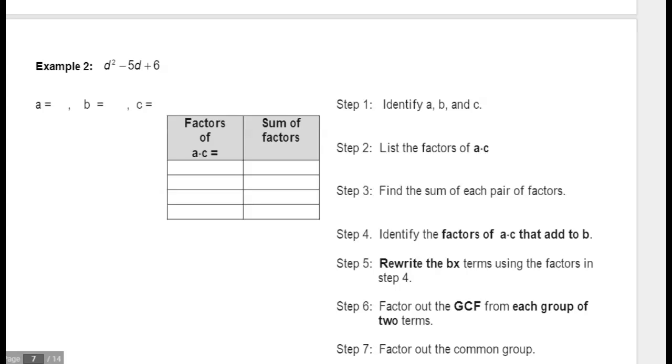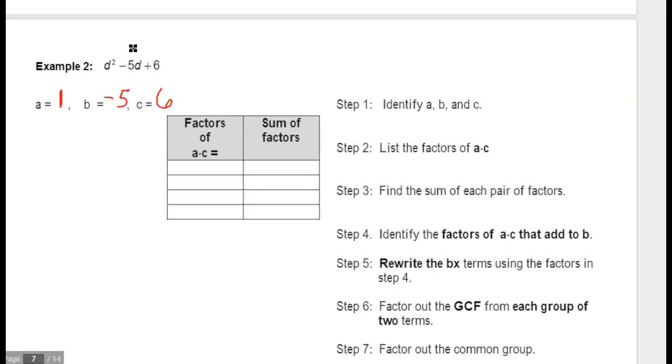So in this case, it's a little bit trickier because let me go through this. So my A is 1, and my B is -5, and my C is 6.